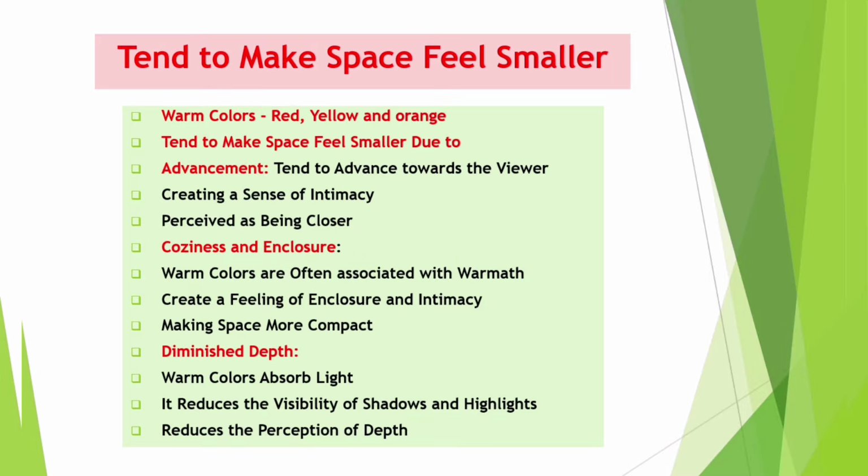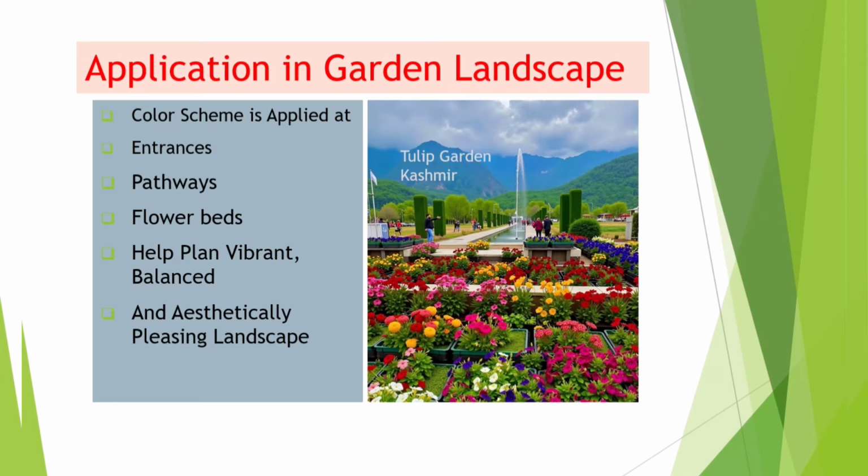So between the warm colors and the cool colors, we have seen what their perception is and where they are used in design. We also have these color schemes, as we have seen: complementary, analogous, monochromatic and triad schemes, which are the key color schemes in the landscape.